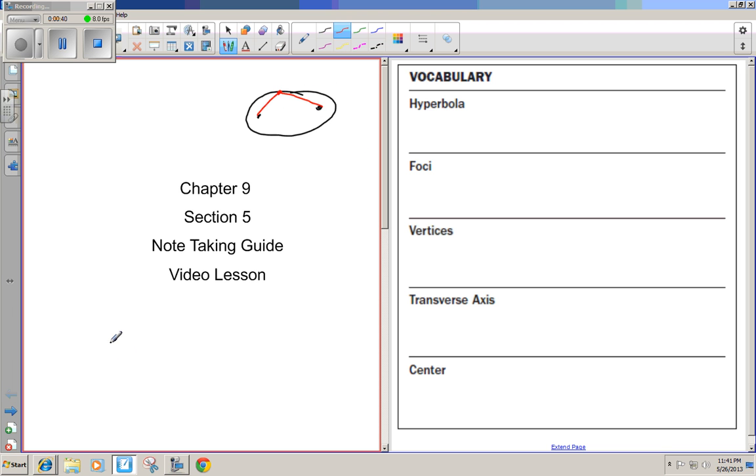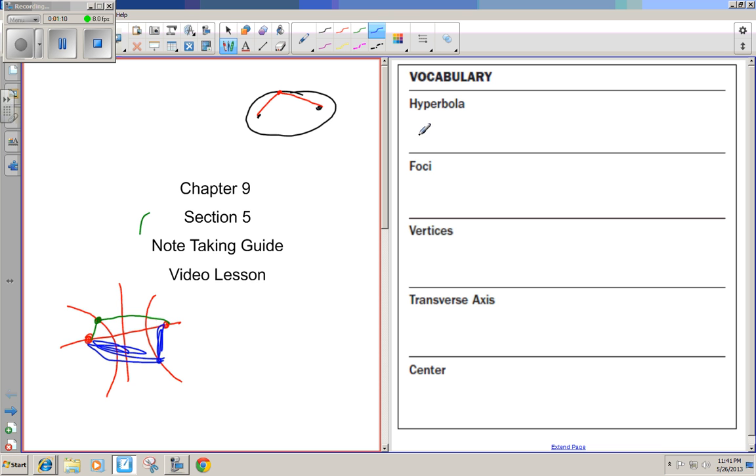For a hyperbola, it looks something like this. The foci will be here and here, and for this point here, the difference of the distances is the same. Here's another point. The difference between that point and that point will be the same.